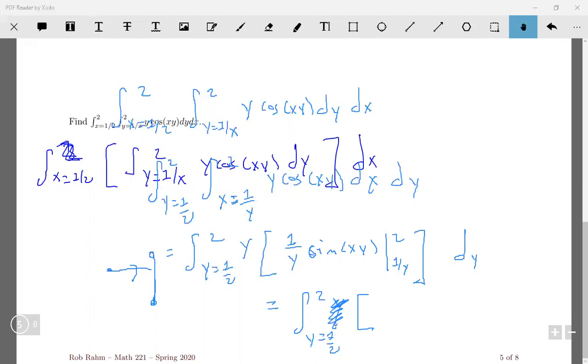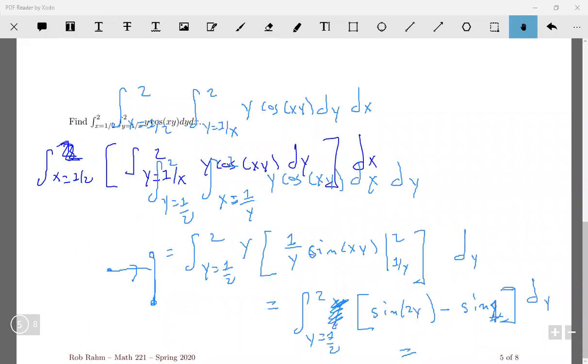So this is going to be sine of 2y minus, if x is equal to 1 over y, this is minus sine of 1, dy. Okay, so the antiderivative of sine of 2y is minus 1/2 cosine of 2y.